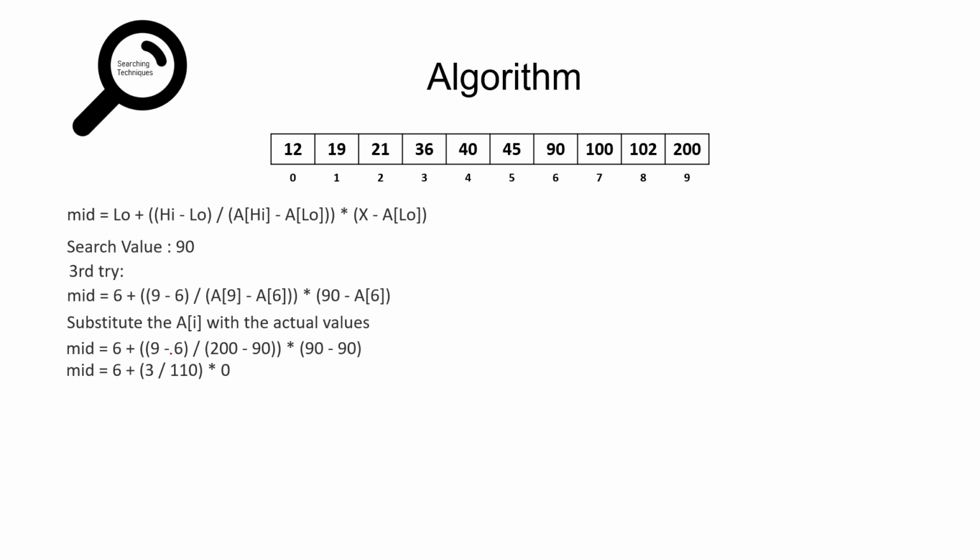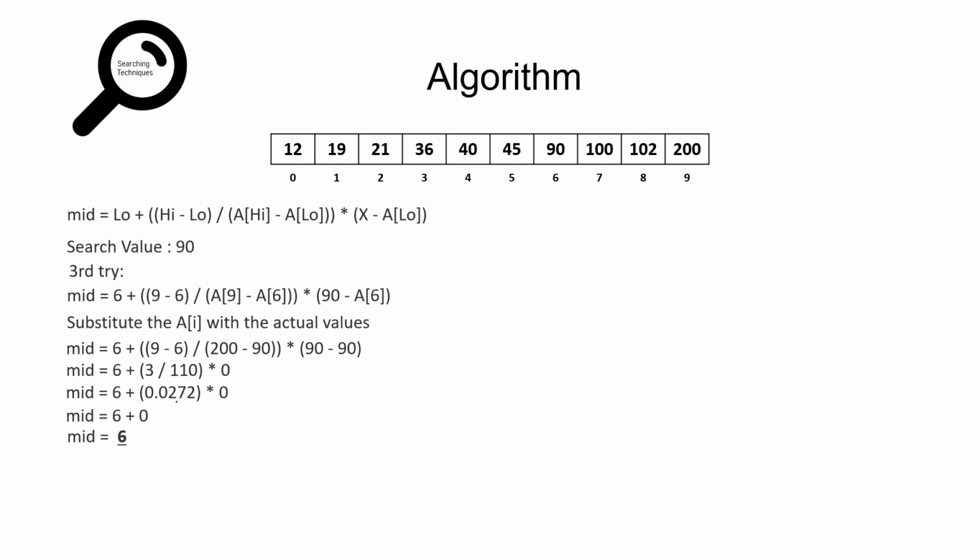So, 3 on top, 9 minus 6, divided by 200 minus 90 is 110, times 90 minus 90 is 0. So, it would be like 6 plus 2.72, and then, since we follow PEMDAS, this value multiplied by 0, and any number multiplied by 0 is 0. Therefore, we're going to have 6 plus 0.